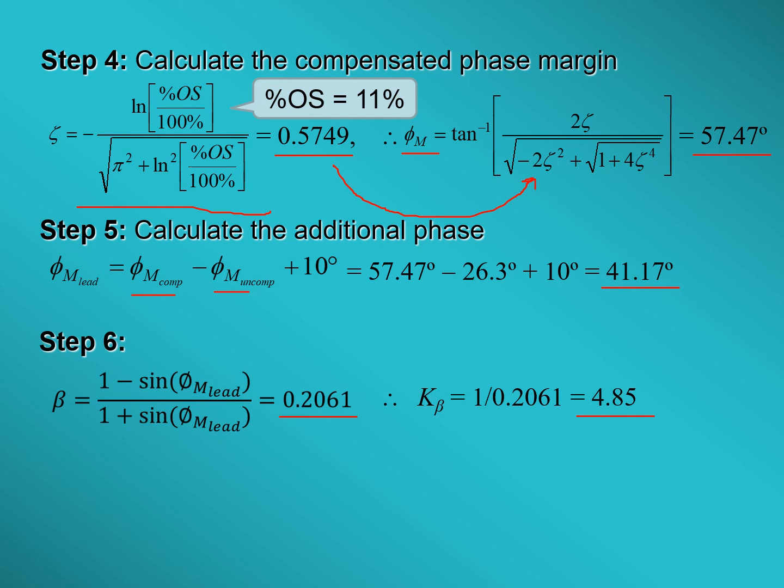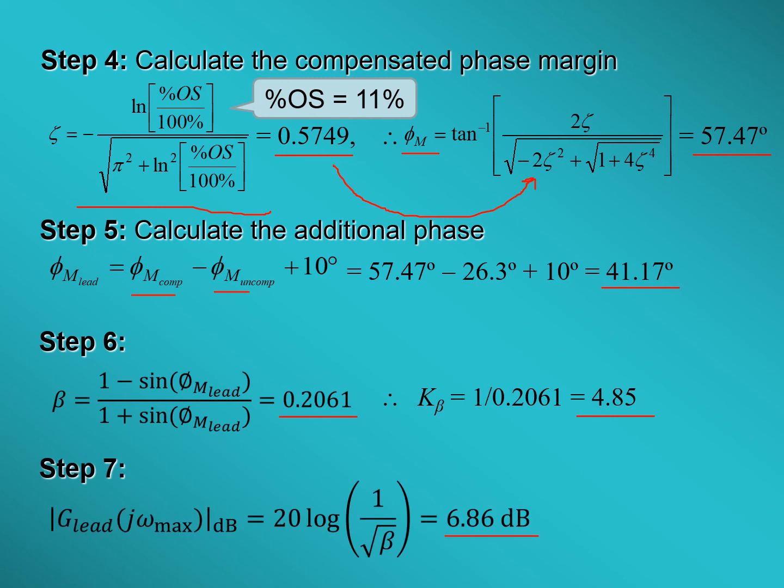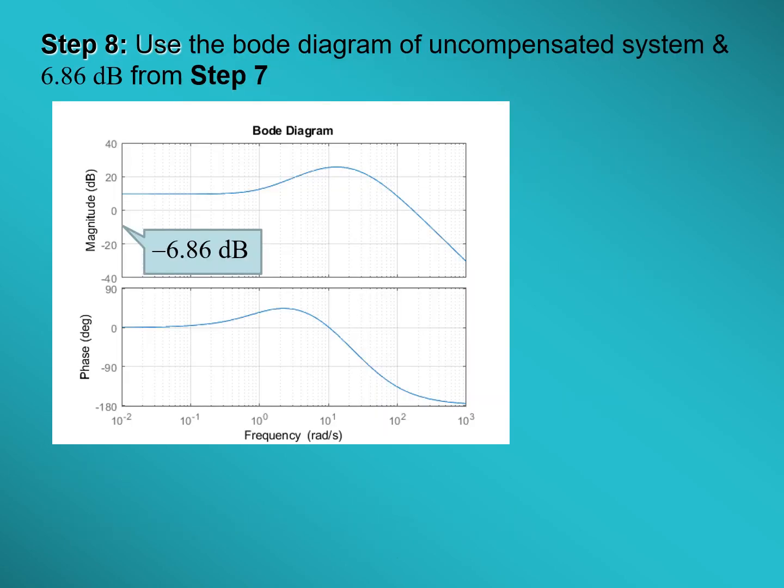Beta now is 0.2061, so you can find K beta, which equals 4.85. Then step number 7, calculate the G lead j omega max. You just compute 20 log 1 over square root beta, and you get 6.86 dB.